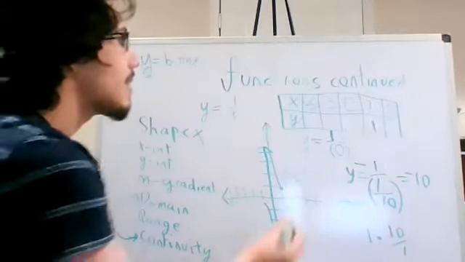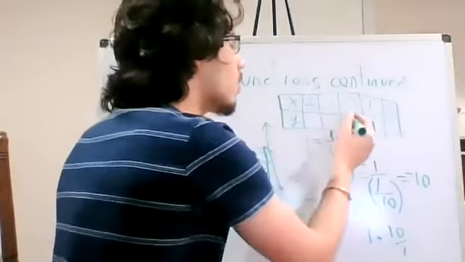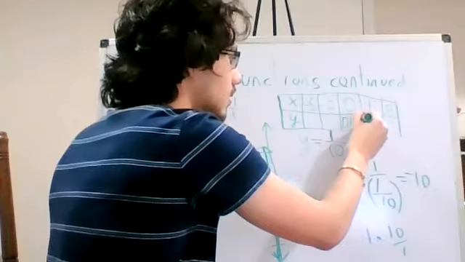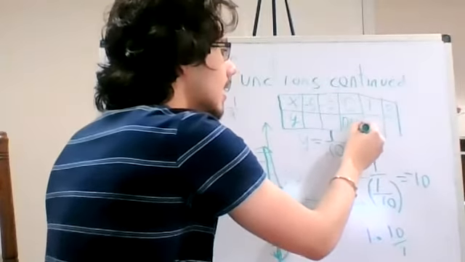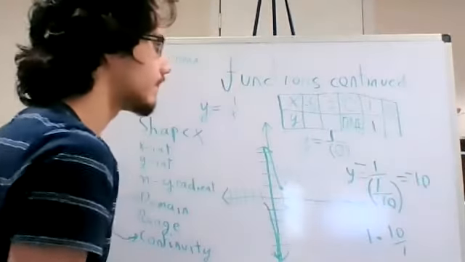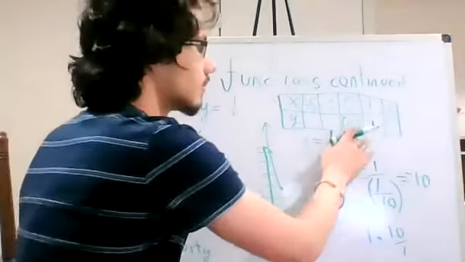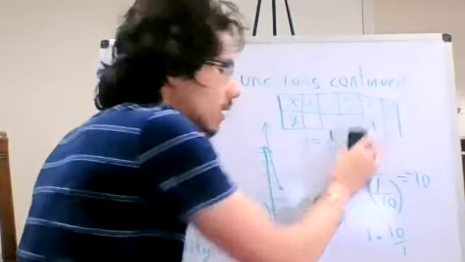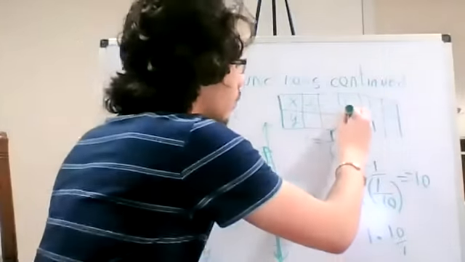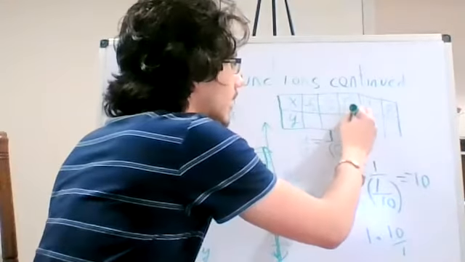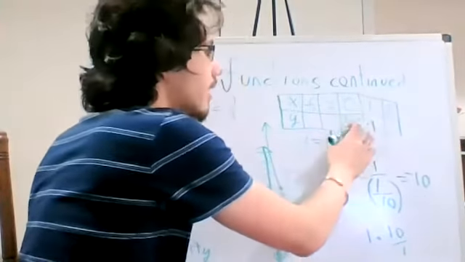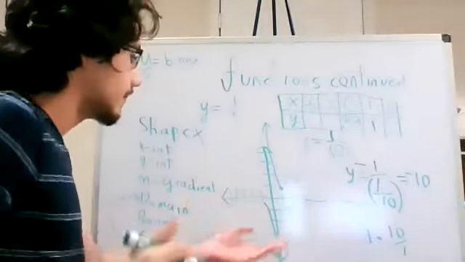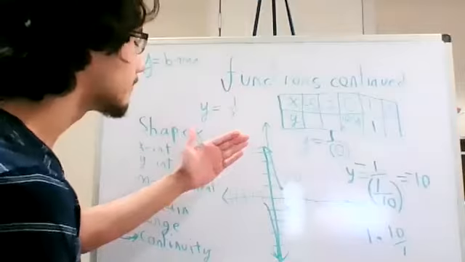So this means that there is no value for 0. DNE means does not exist. Or I'll just put NA for not available. So we can see that there is no value for 0 available because there's a paradox here.